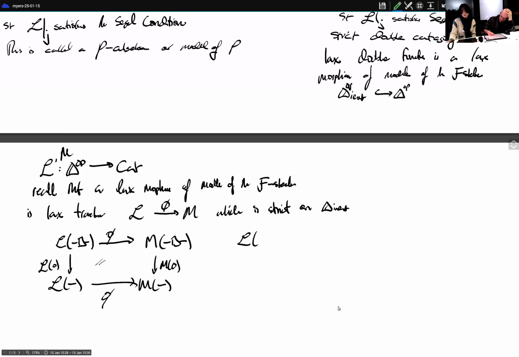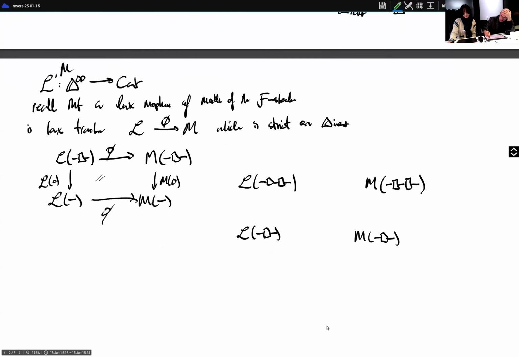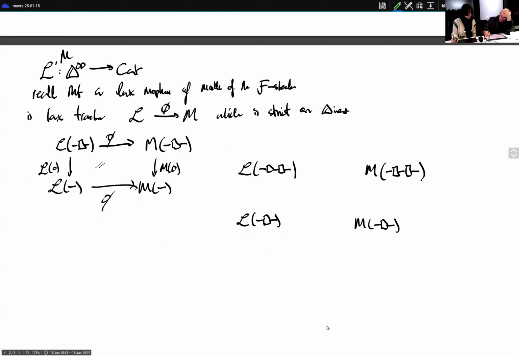But now, if I put instead, now we know that by the Siegel condition, this is given by the following pullback over the elementary diagrams, and this one too.